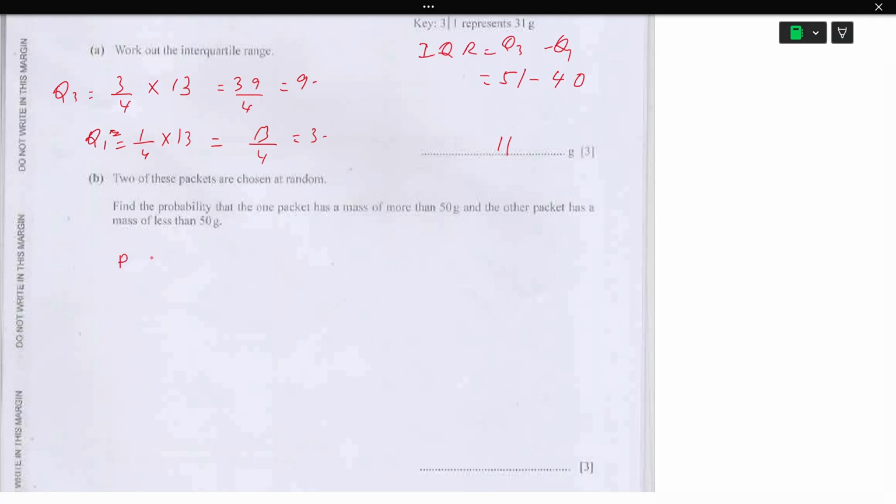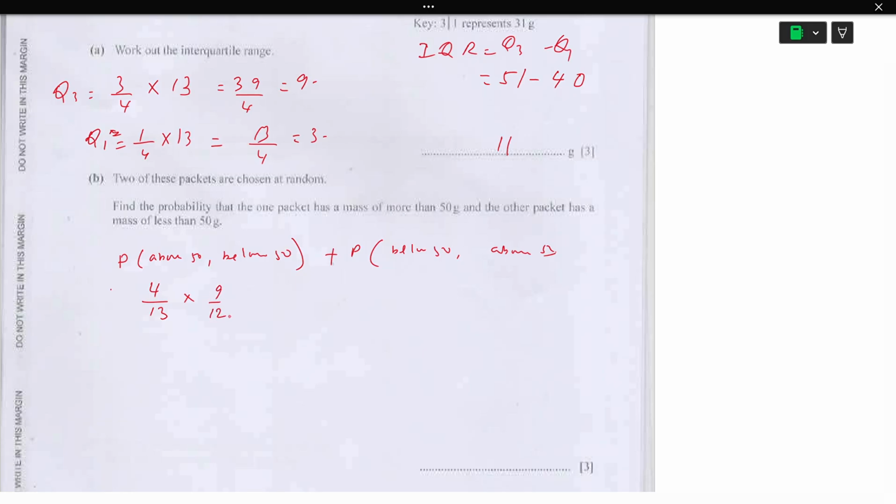Probability of first one we will take above 50 and below 50, plus probability of first below 50 and then above 50. So first above 50 is going to be 4 by 13 times 9 by 12.